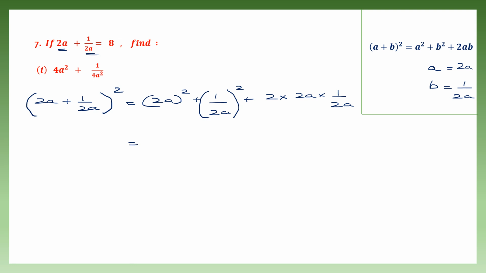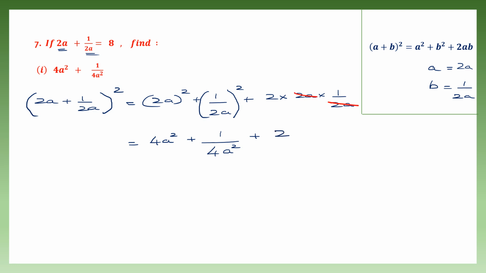Now let's simplify this. So when we simplify this, (2a) the whole square will be 2 into 2, which is 4, and a into a, which is a square, plus 1 into 1 is 1, 2 into 2 is 4, a into a is a square, plus what can we cancel here? I can cancel 2a and 2a, so I only have 2.